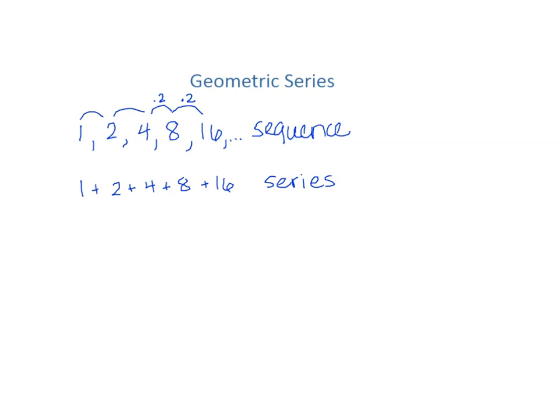The difference is not in the numbers or the common ratio, because we still see the same common ratio here that we see up here. The difference is that a sequence is a list of numbers, and a series is a sum. So we're adding them all up. Let's see how we can do some problem solving and find some sums here.